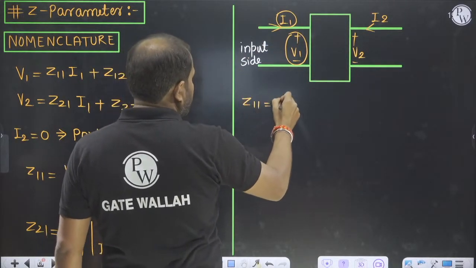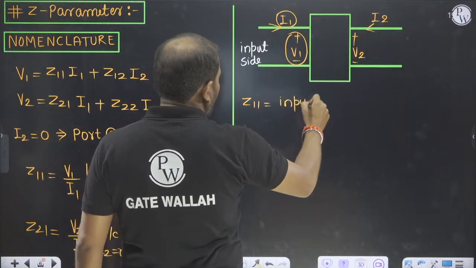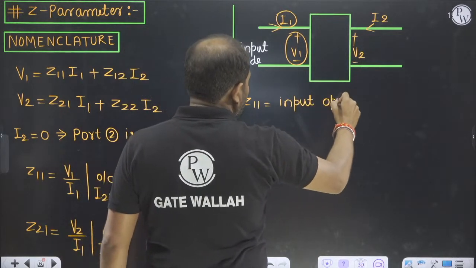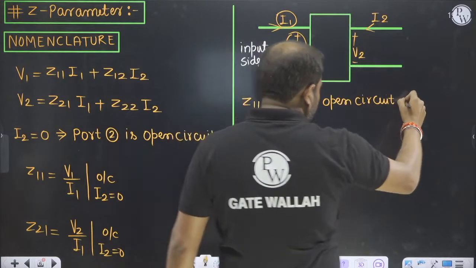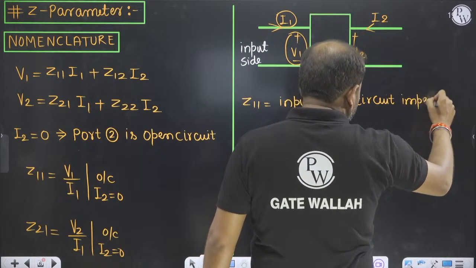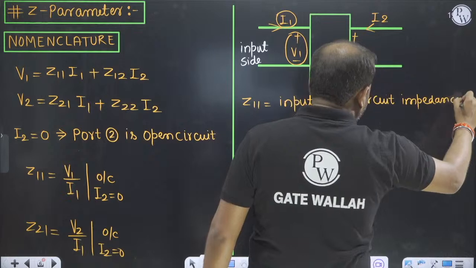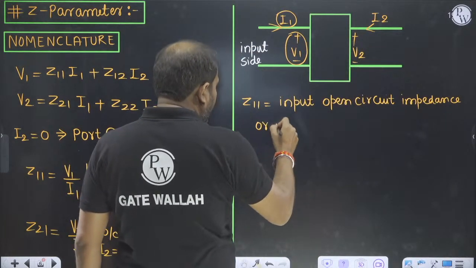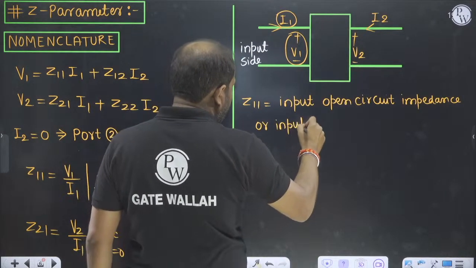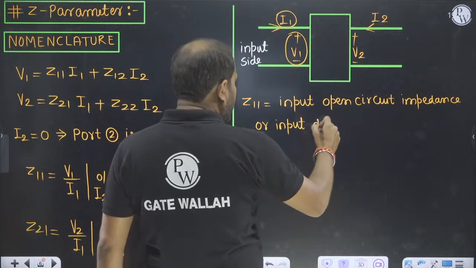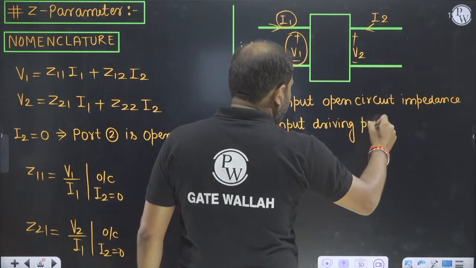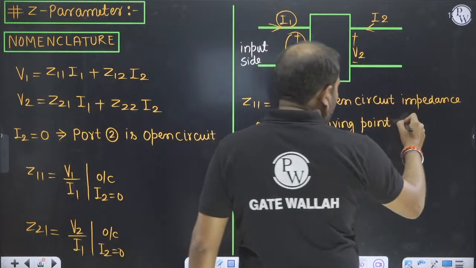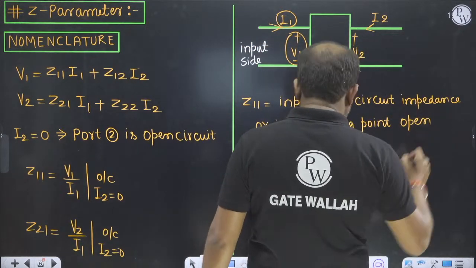So Z11 is known as input open circuit impedance, or input driving point open circuit impedance.